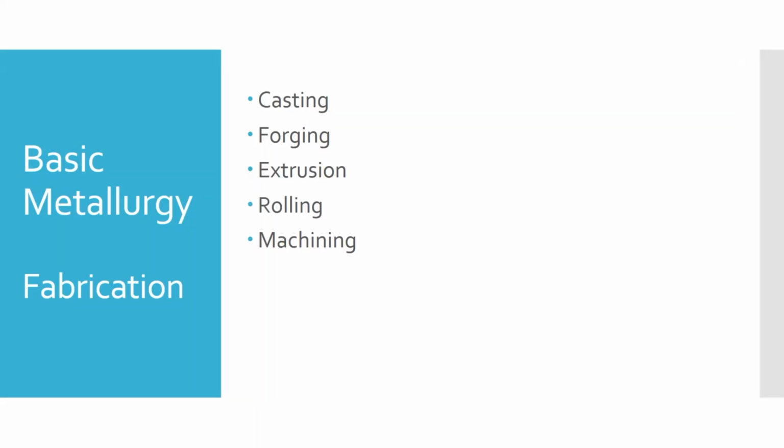Extrusions can leave lines and things down the length of a part. Rolling can create surface features, but it creates a smoother surface. And then machining can leave all kinds of different marks depending on how finely finished that surface is. It can also be very highly polished from machining as well. So you just got to keep those in mind for knowing what's expected or not expected and what the limitations might be.